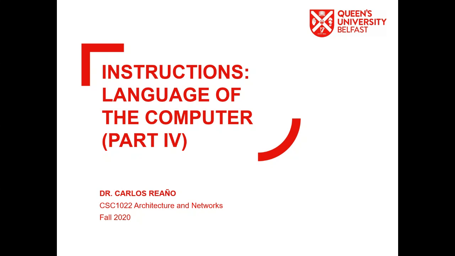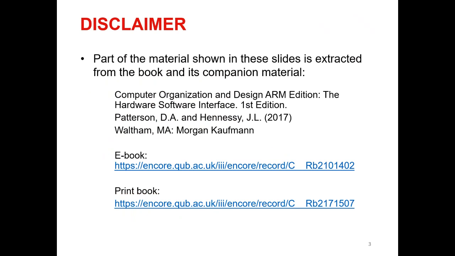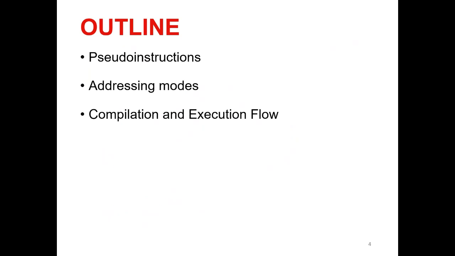Thank you so much. Today we are going to continue with the instructions in assembly language that we have seen in the last lectures. Remember that, as always, part of the material we are using here is extracted from the book. What we are going to see today are something called pseudo instructions. Those are not actual instructions, but we will use them as if they were instructions, for us, the programmers.